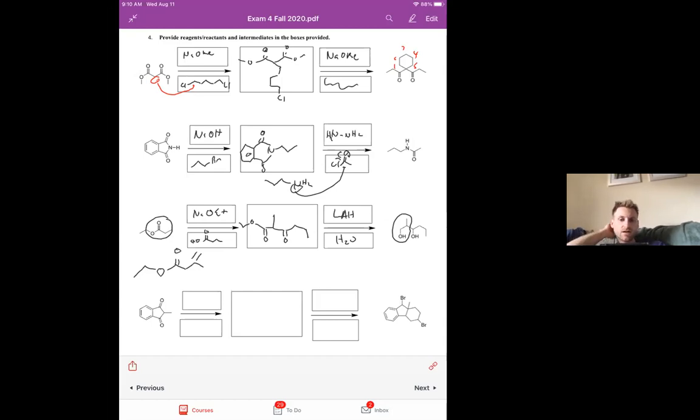Question in the chat: how do the oxygens on the side come off on the first problem? Oh, is that a typo? I guess you could add in, I didn't even notice that. We are, thank you, a soft alkylation for these.